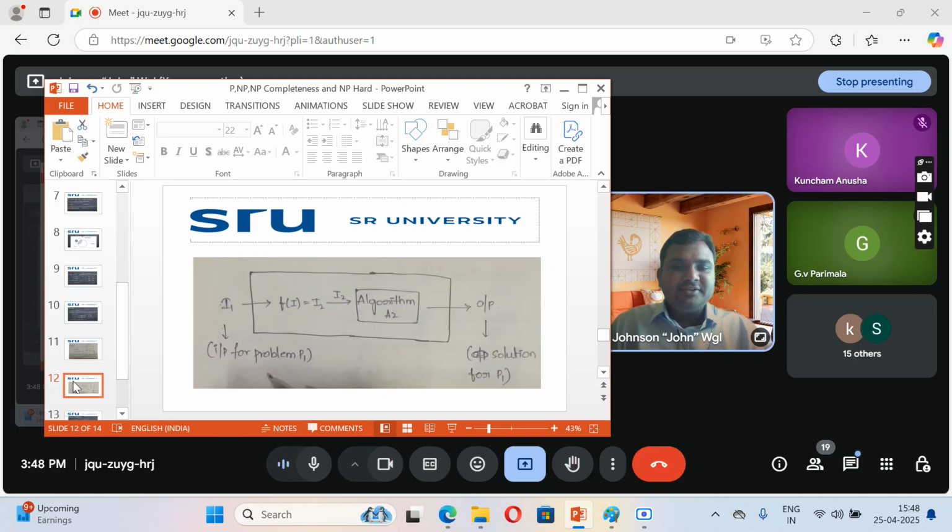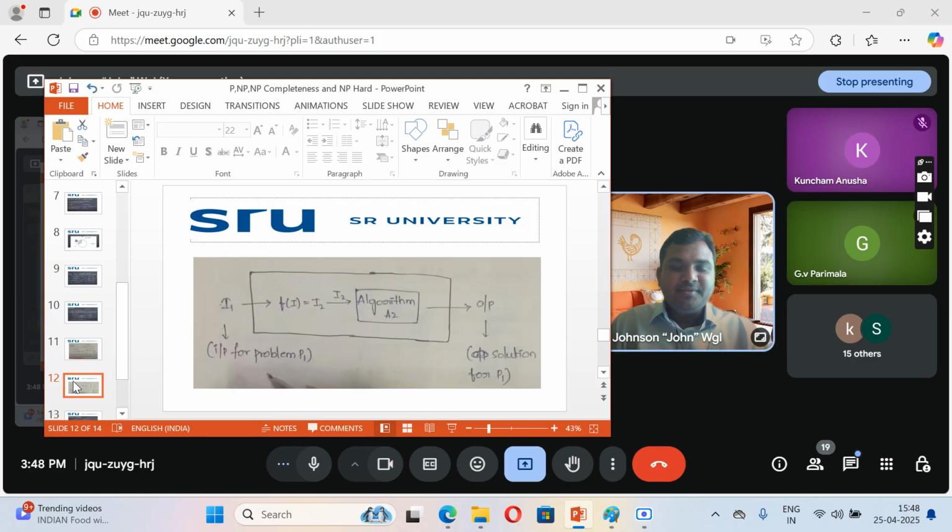Example, nowadays we are using convolutional neural networks and recurrent neural networks. All artificial intelligence concepts convert non-deterministic things to deterministic. We don't know the answers, but using the known things, we solve the unknown things.